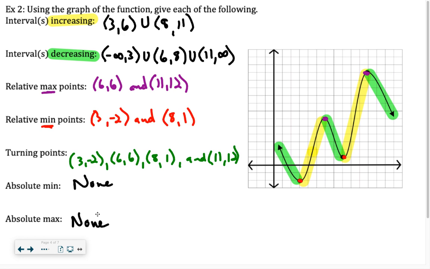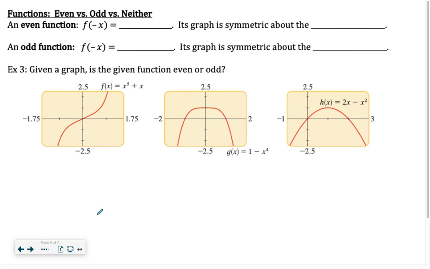So our next idea is even and odd. This is really similar to something that we've already done because these are symmetry ideas. An even function, in terms of algebra, is saying if I plug negative x into my function, I get exactly what we started with.